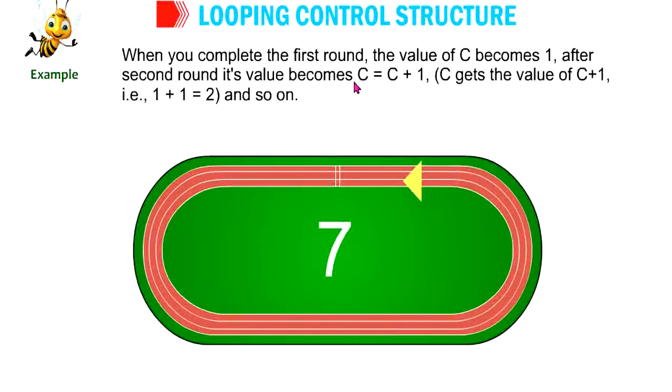Then the value of C is 2. Again you complete one round, then C is equal to C plus 1, that means 2 plus 1. It goes on until you finish 10 times.